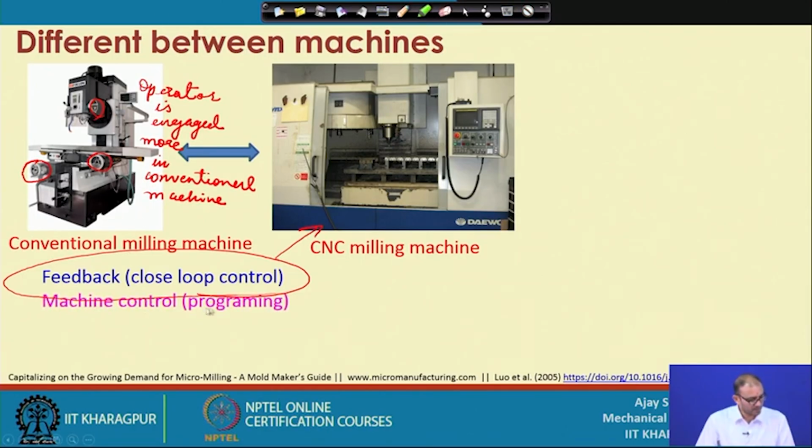Then machine control, that is the programming, because in conventional machining we do not do any type of programming, that means movement of the axis purely depends on the operator or the machine specification, the way you can actually engage the automatic feed and automated movement, but that is not that much precise compared to the CNC machine.